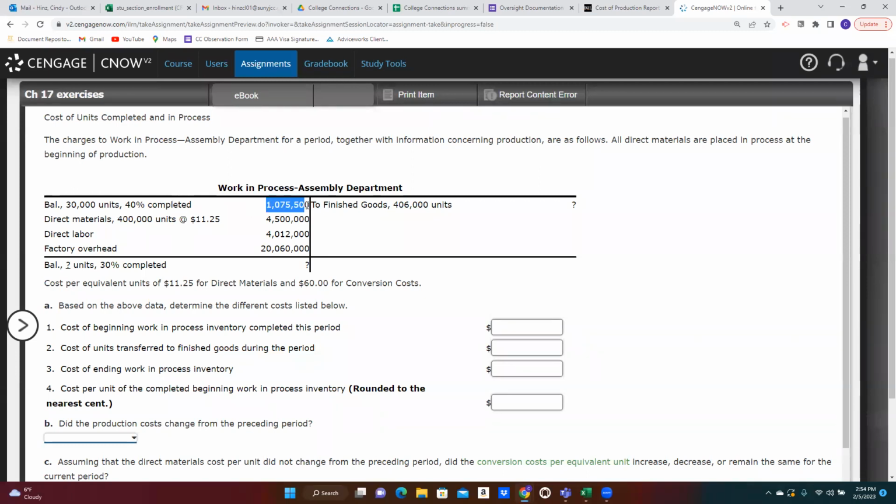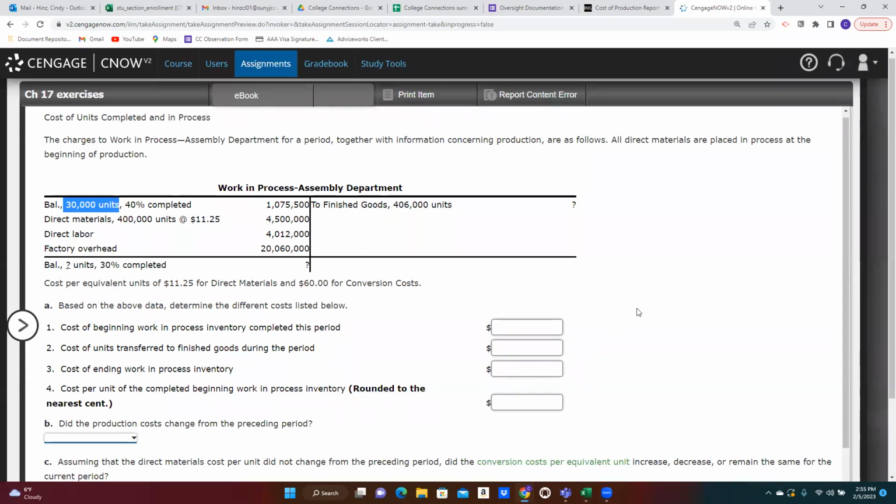We have the beginning balance of $1,075,500. That is for the 30,000 units that were started in the previous period, and those units are 40% completed. Because we use the assumption that all direct materials are placed in process at the beginning of production, we know that in this $1,075,500, we have all the direct materials for those 30,000 units, plus 40% of the conversion costs.